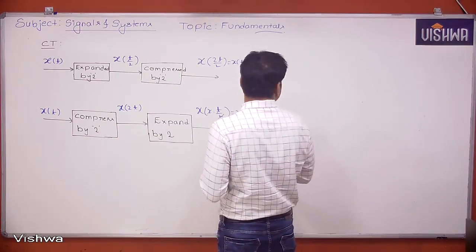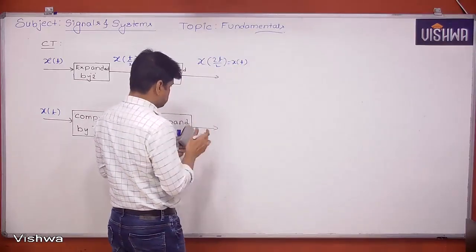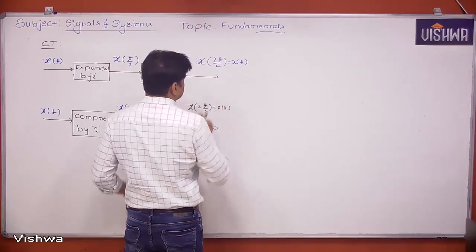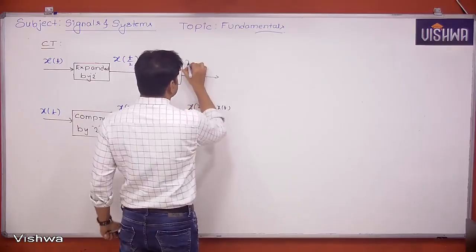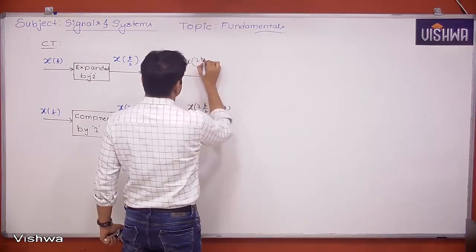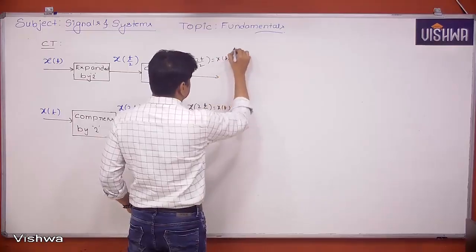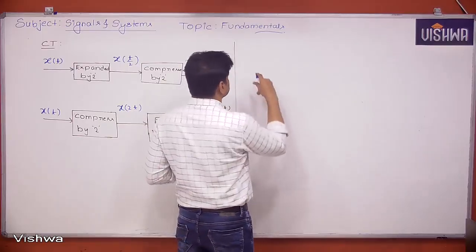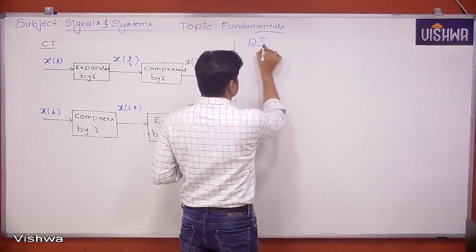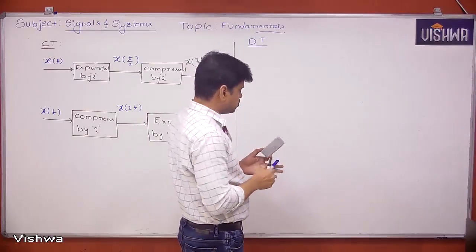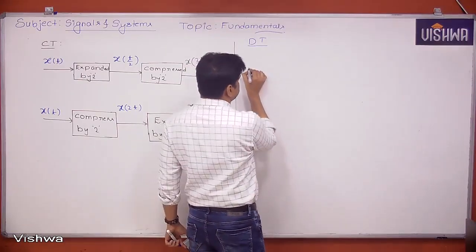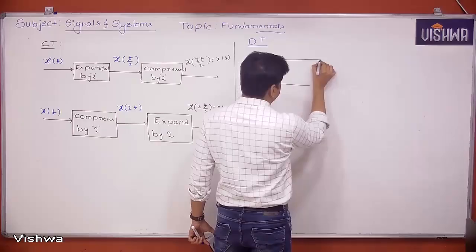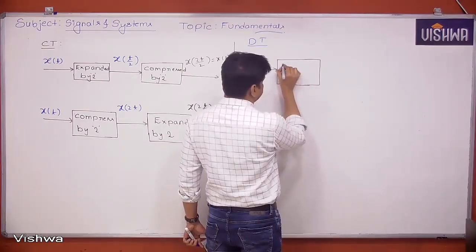So let's come to the discrete time case. First, let's say interpolate by 2.